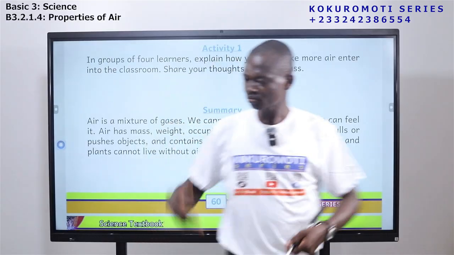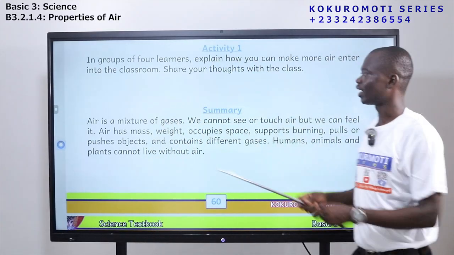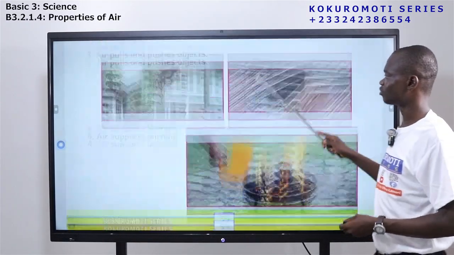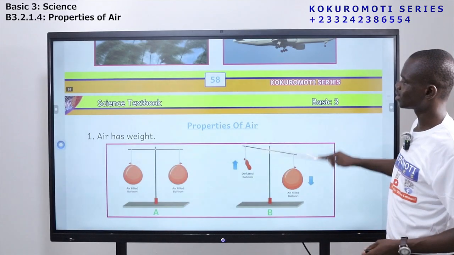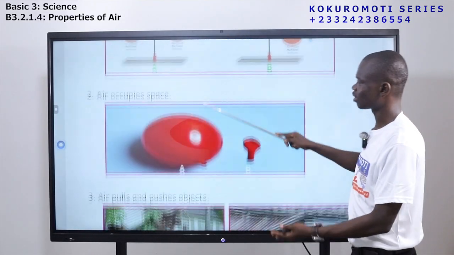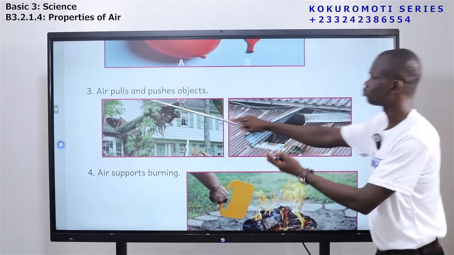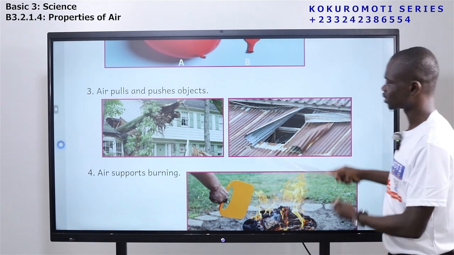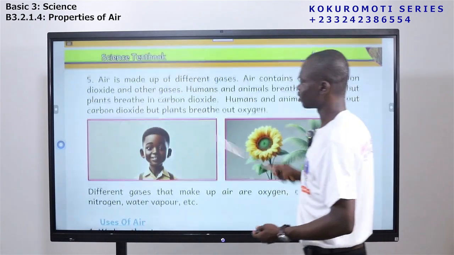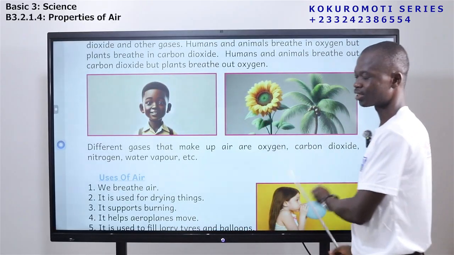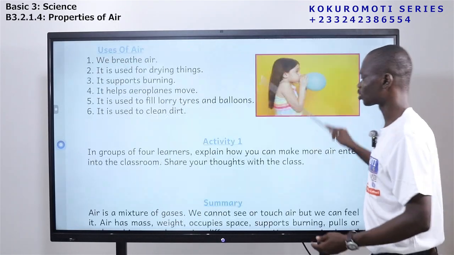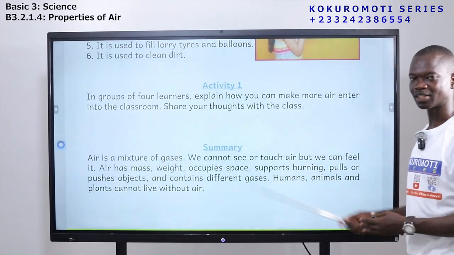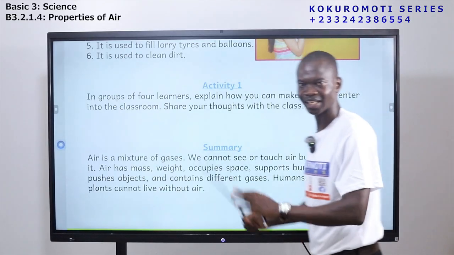So, you know, air has weight. Air is a mixture, it's made up of different gases. It can occupy space, air can pull or push objects, air supports burning, and the rest. So we have talked about properties of air, uses of air, and what air is.